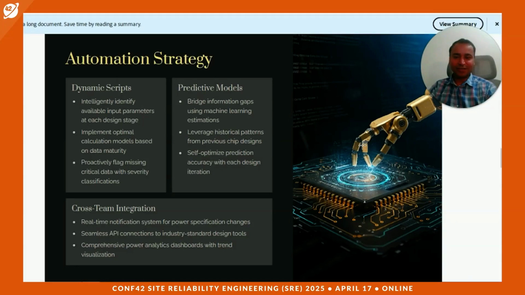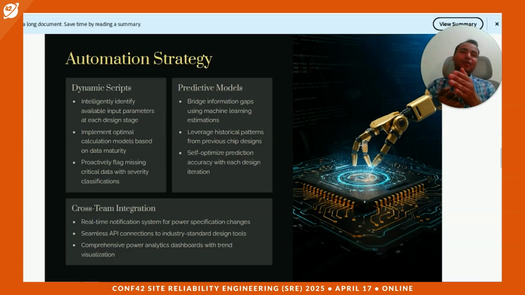Automation strategy. Internally, we can make our methodologies or process such that we can intelligently identify available input parameters. For example, in the flow, if this file exists, like the FSTV file, use it; otherwise, use a pessimistic toggle rate. Then implement optimal calculation models based on the data maturity.